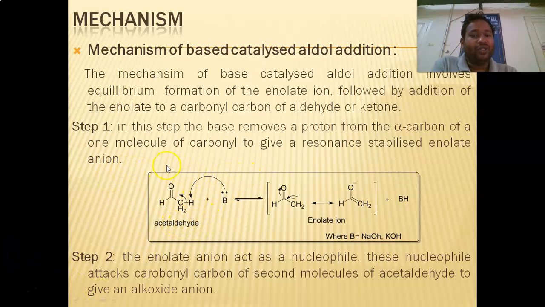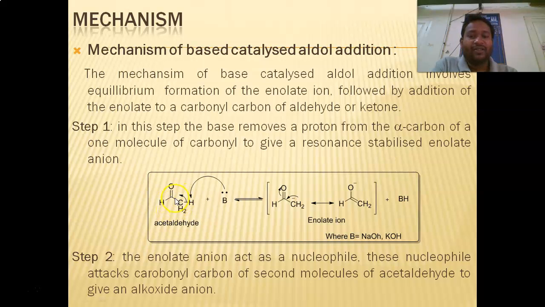We have taken acetaldehyde. Acetaldehyde contains the alpha hydrogen atom that will be grabbed by the base. The base will abstract one of the protons from the adjacent carbon, that is, the alpha hydrogen. This alpha hydrogen is more acidic in nature, meaning the protons are easily available due to the inductive effect.